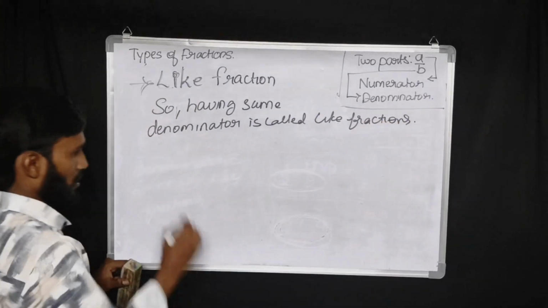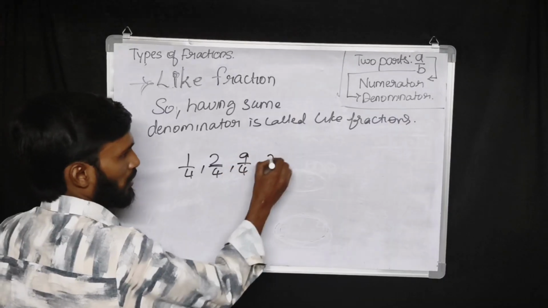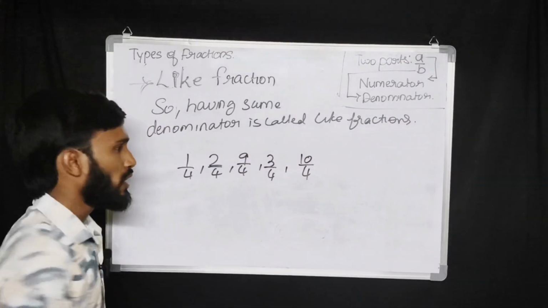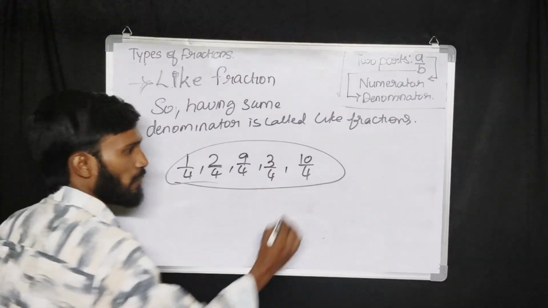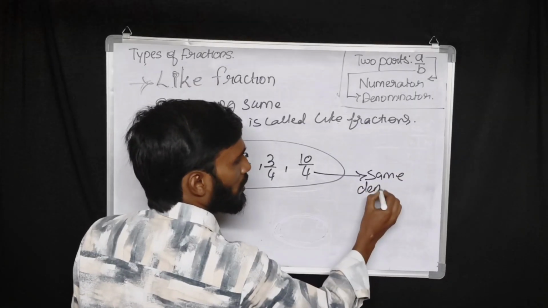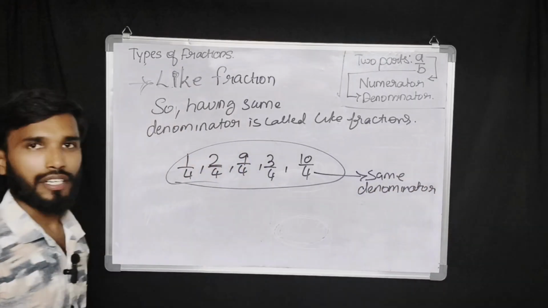like fractions. See here, 1 by 4, 2 by 4, 9 by 4, 3 by 4, 10 by 4. These are all like fractions. Why? Because these all have the same denominator.